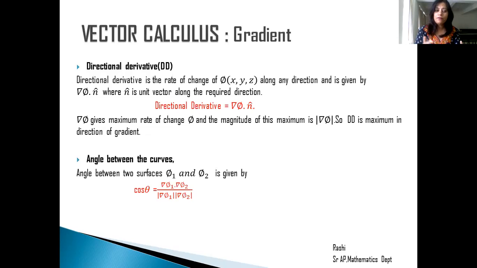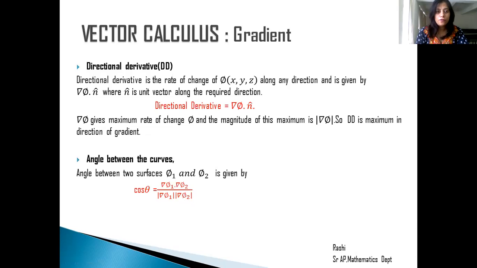If they give us two surfaces phi 1 and phi 2, I will define cos theta as grad phi 1 dot grad phi 2 upon magnitude of grad phi 1 into magnitude of grad phi 2. So what types of questions will I have on gradient? First, they can give you a function and ask for the gradient. Second, they may ask for the directional derivative. Third, they may ask you to find the angle between the curves.